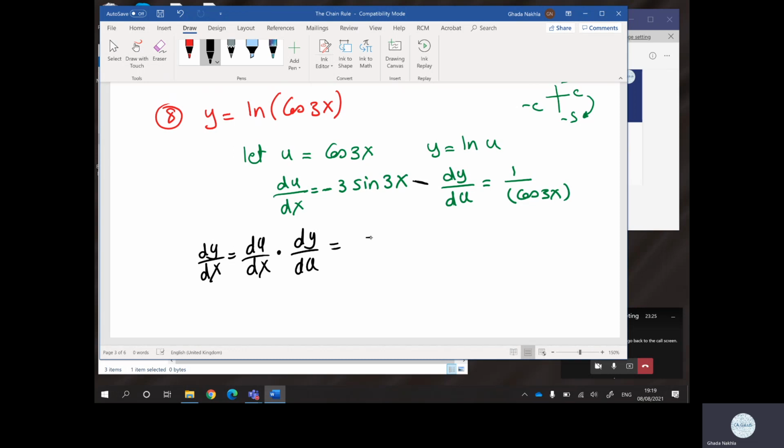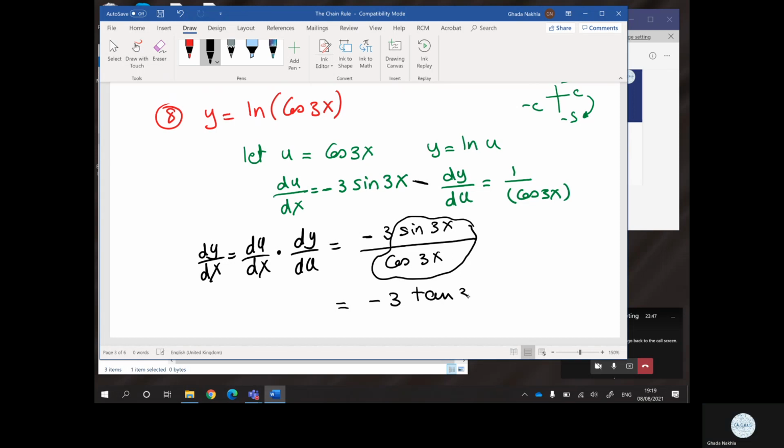So I'm going to have a minus 3 sine 3x multiplied by 1 over, which means you're dividing, cos 3x. Now you can argue and say sine 3x over cos 3x is tan 3x. So you can choose to simplify it, or you can leave it alone. It doesn't really matter in this case.